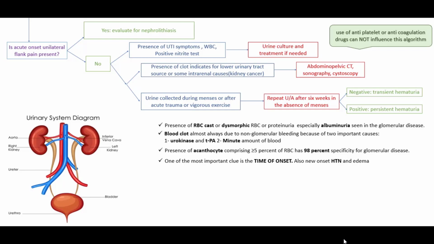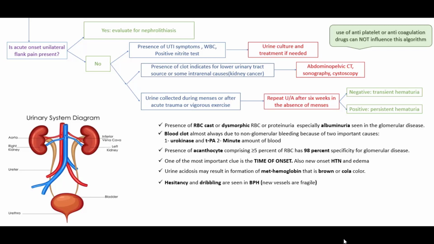Also one of the most important clues is the time of onset. Also, new onset hypertension and edema, and urine acidosis may result in formation of methemoglobin, which is brown or cola colored.